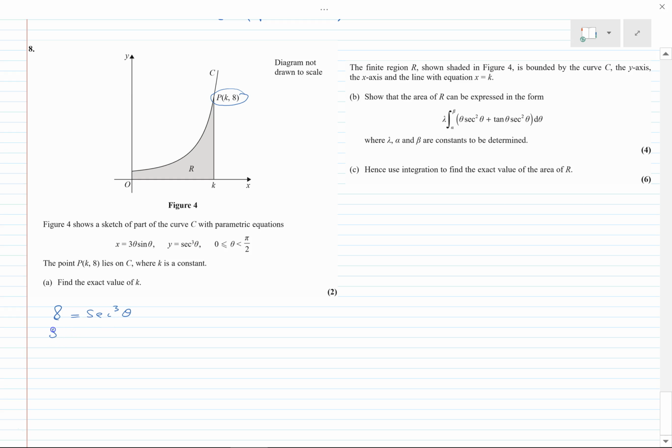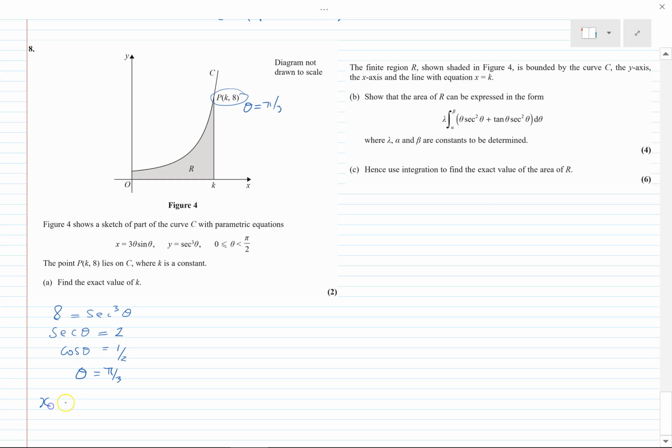That gives me sec theta is the cube root of 8, which is 2. So cos theta equals a half. So theta is equal to pi by 3.